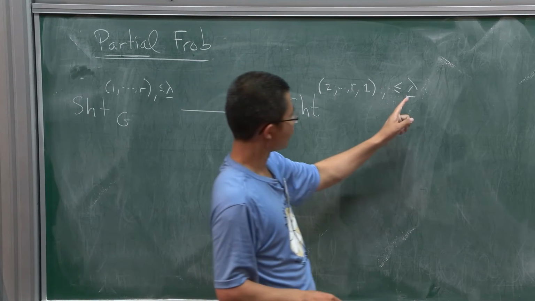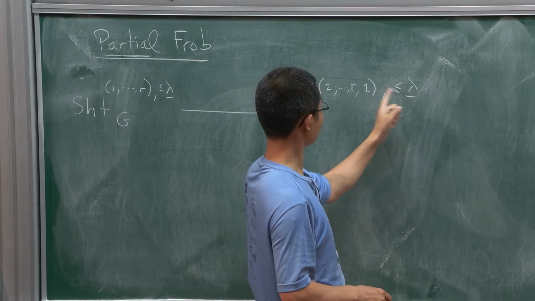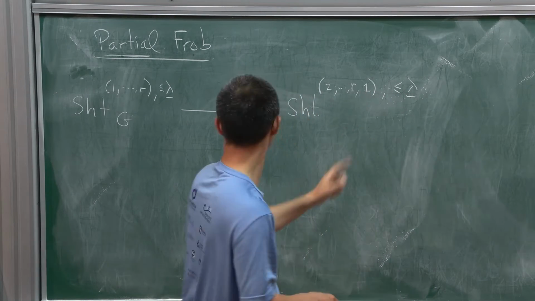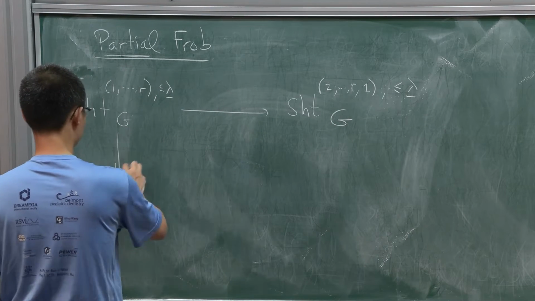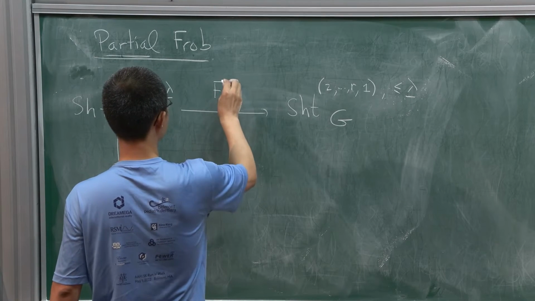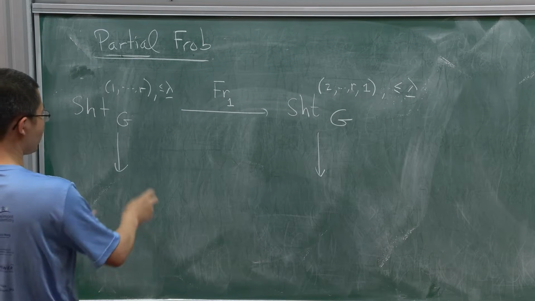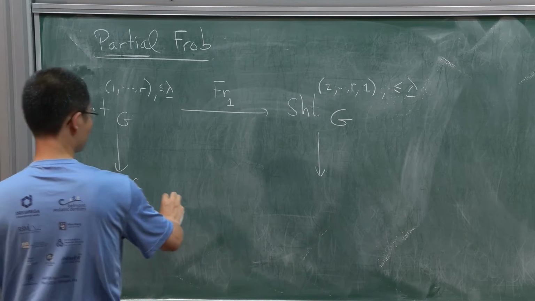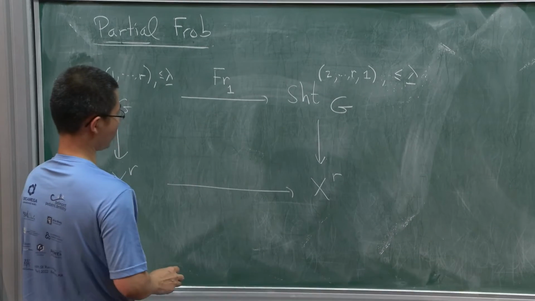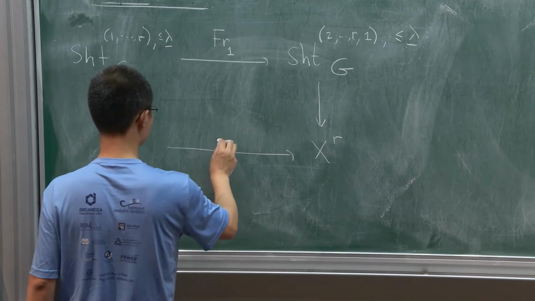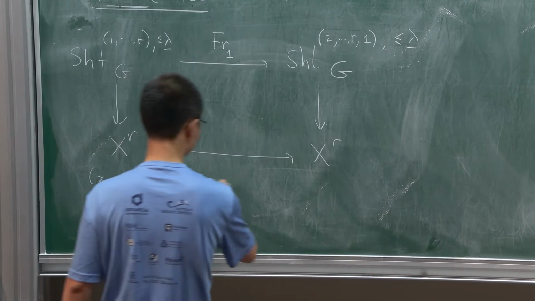And remember here, the lambda goes with these indices. So lambda 1 will now appear in the last step. So partial Frobenius for 1 will give a diagram like this. In the bottom, this sends the effect on the legs is okay.